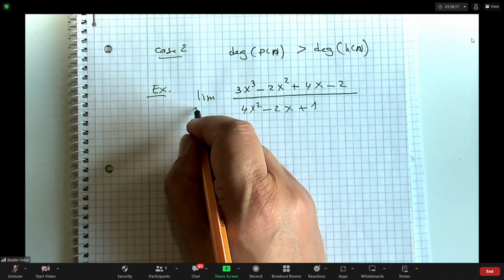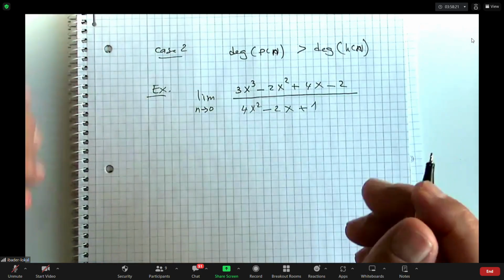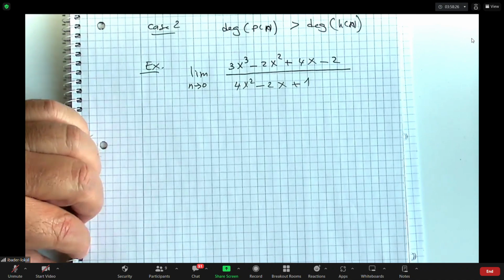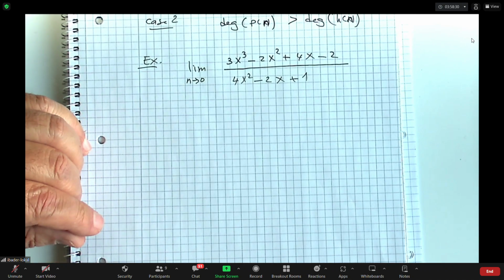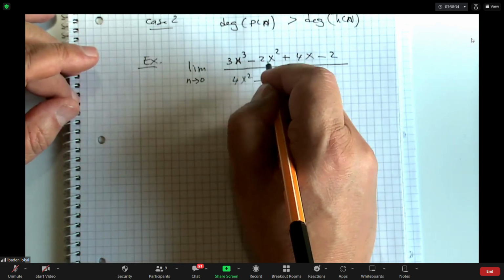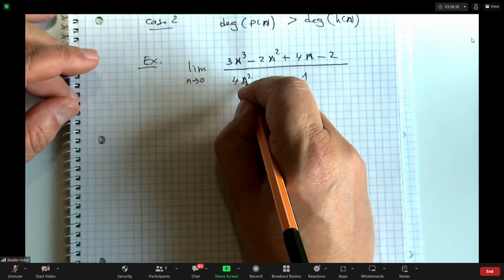Okay? Of course, here I mean n and always write x, but let's do it for x. In the next course, we will work with real numbers. But here it's the same, okay? Just write n, whatever you have x.